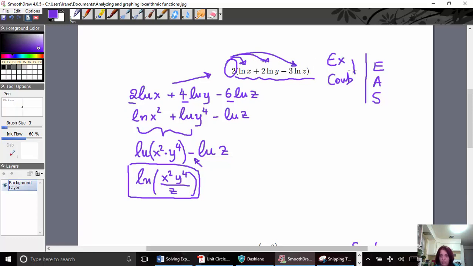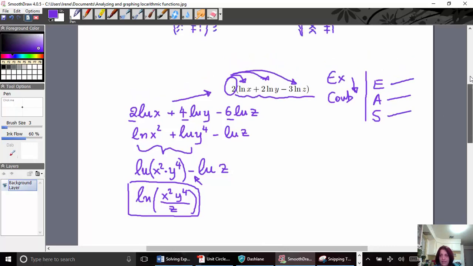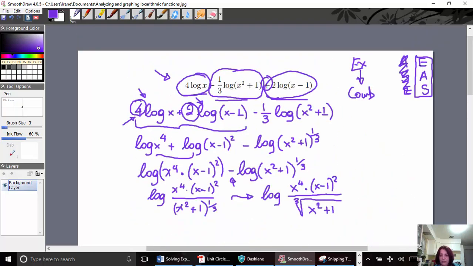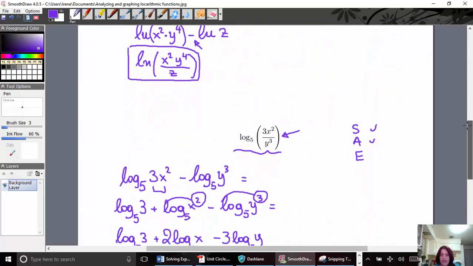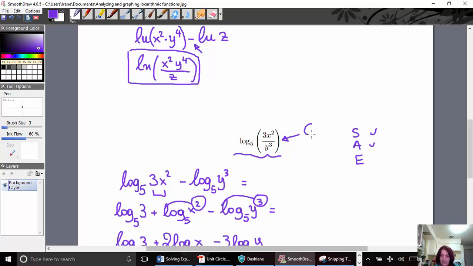So if I go from expanded to combined, I go exponents first, addition, then subtraction. Same thing as I did here. Exponents first, addition, subtraction.